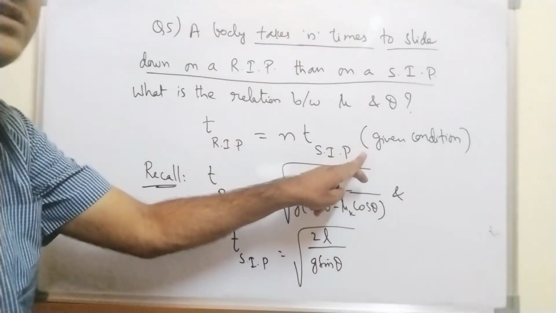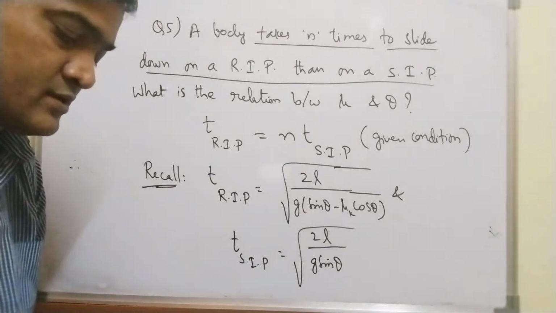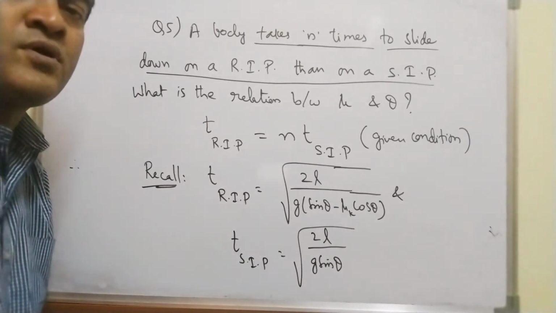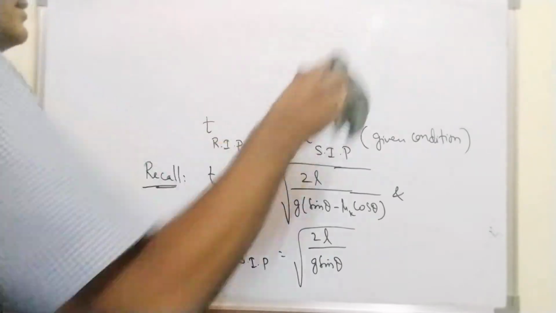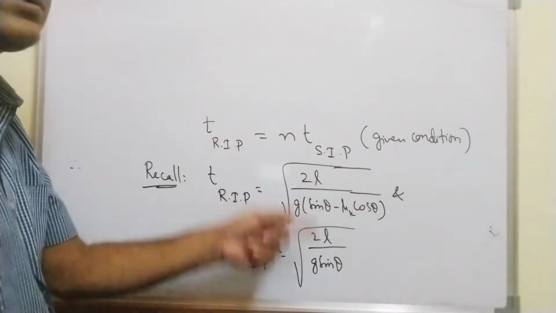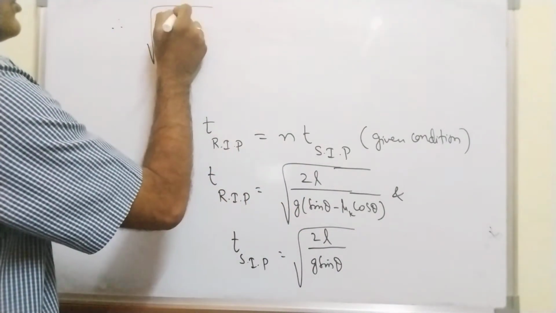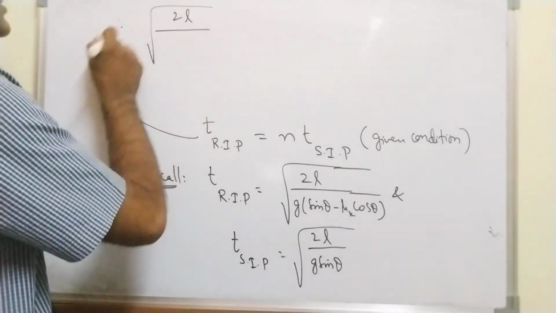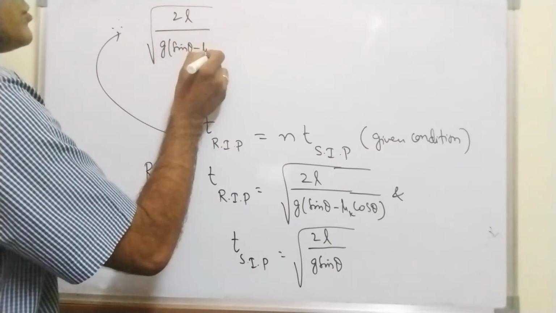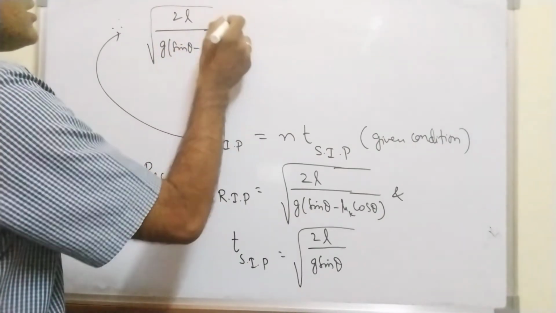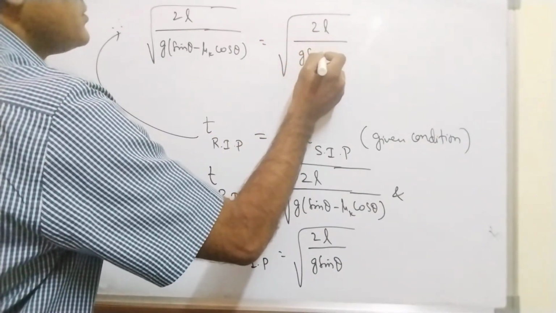Put these two values in the given condition to solve for the relation between mu and theta. Can you try? Pause and try. Let me do this. So let me put these two values in. Therefore, I can write root over 2L by G into (sin theta minus mu k cos theta) is equal to n times the square root of 2L by G sin theta.